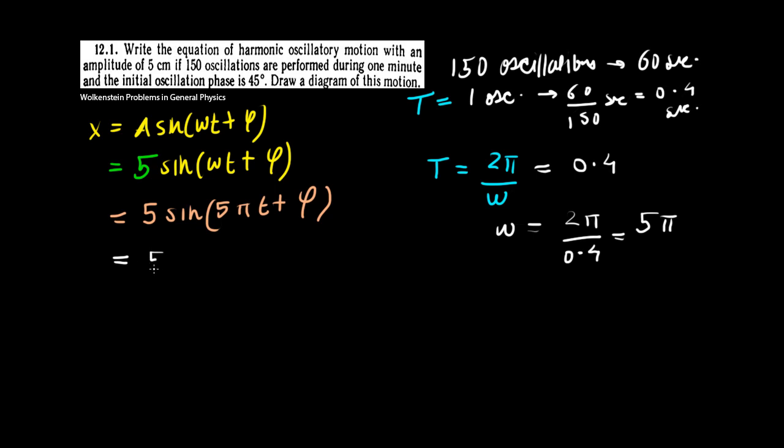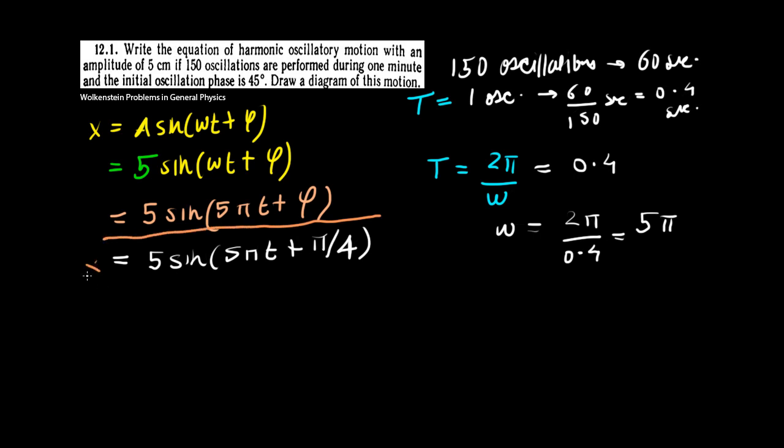So that should be equal to 5 sine(5 pi t plus 45 degrees in radians, which is pi by 4). That's it, we are done. This is x. This is the equation of harmonic motion.